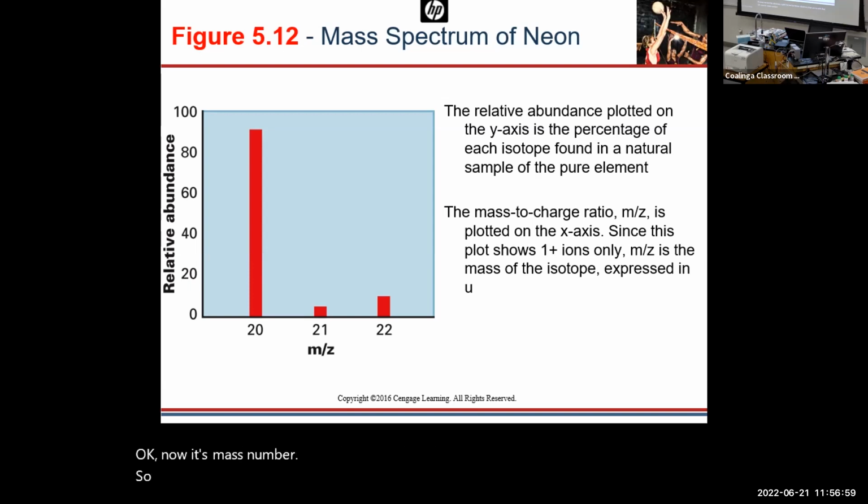So its mass number is just this number up here, right?